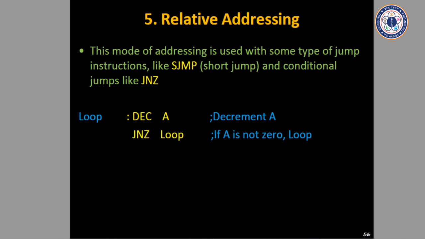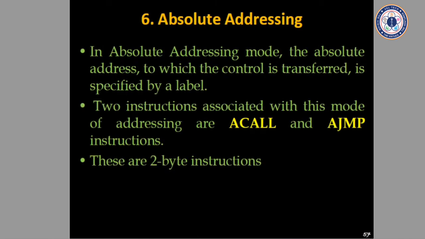The next one is the absolute addressing mode. What do you mean by absolute addressing mode? It means ACALL and AJMP. These are the two absolute mode addressing examples. ACALL means absolute call.